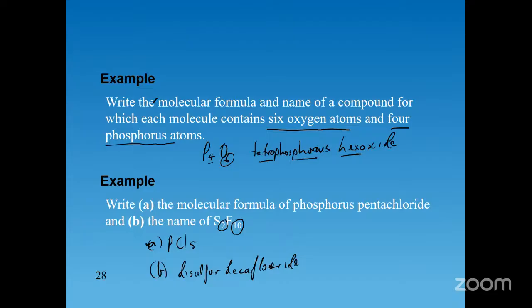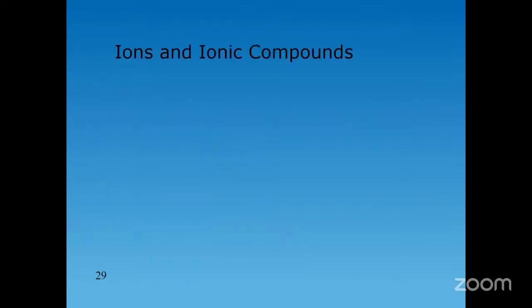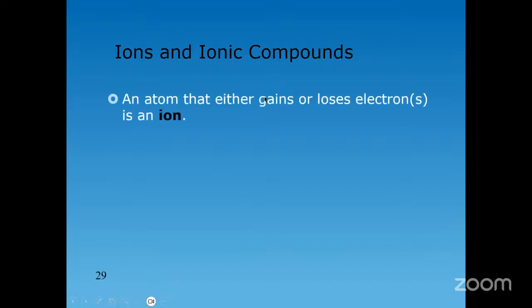Okay, let's move along. So we have talked about naming molecular compounds. Now we're going to get into a discussion of naming ionic compounds. Now remember, ionic compounds consist of ions, right? And you can have what are called monatomic ions, and you can have polyatomic ions. So let's talk about the monatomic ions.